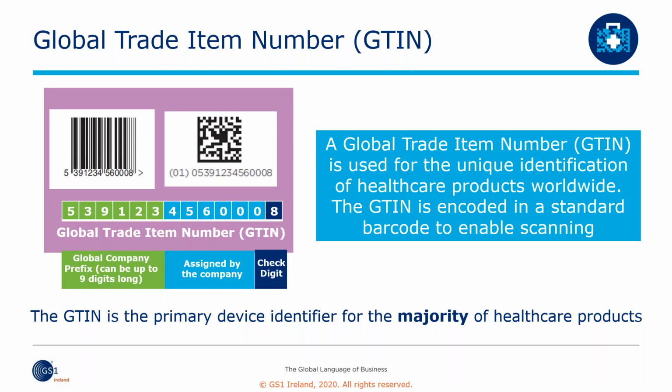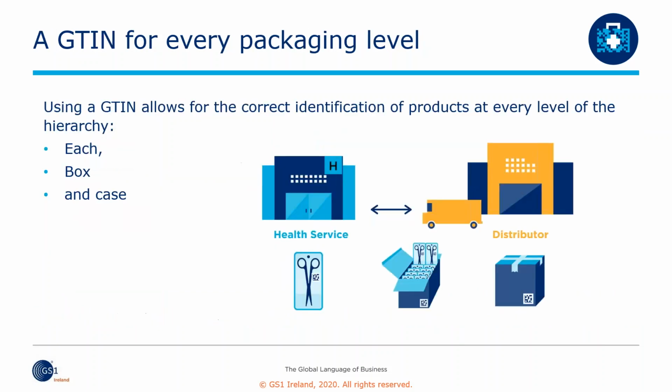So the GTIN, the Global Trade Item Number, is used for the unique identification of healthcare products worldwide, and the GTIN is encoded in a standardized barcode to enable scanning, and the GTIN is the primary device identifier for the majority of healthcare products worldwide.